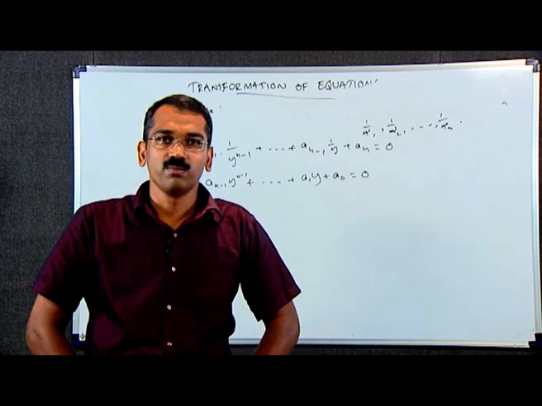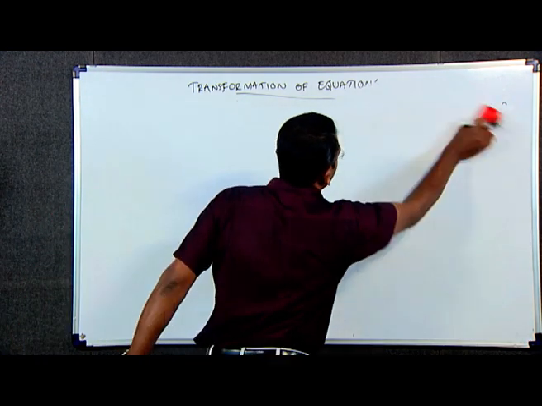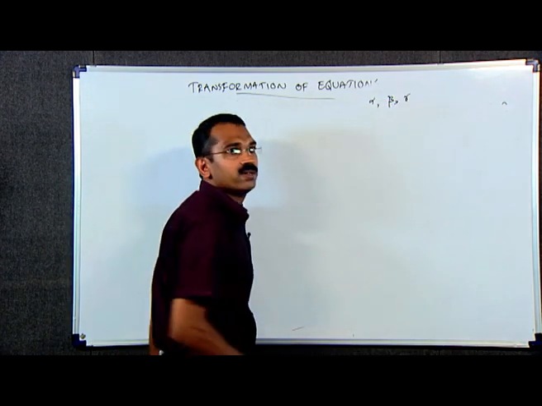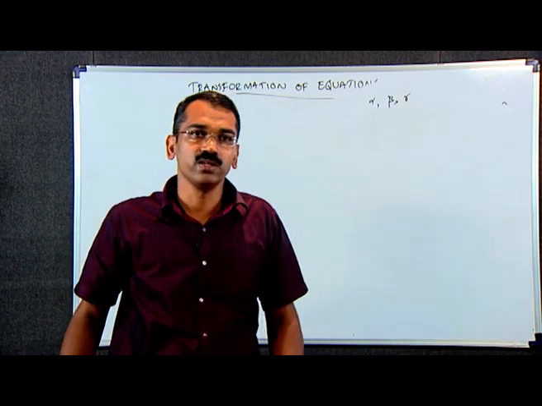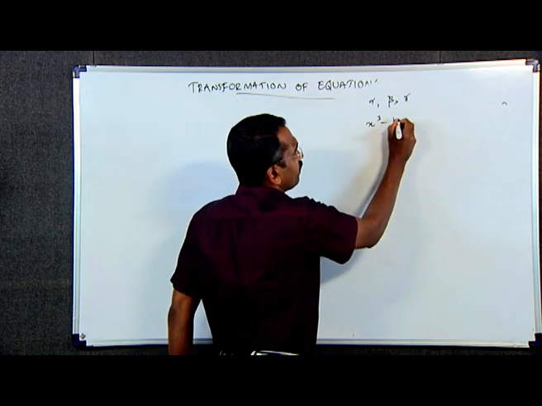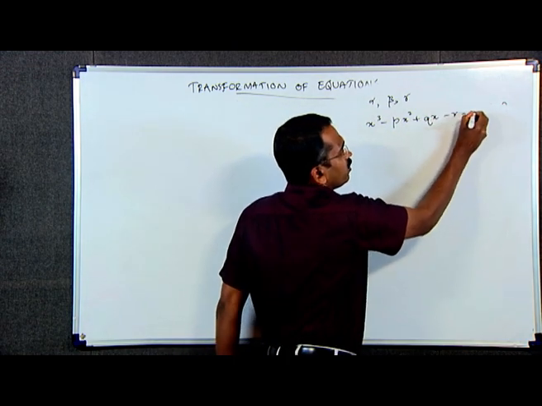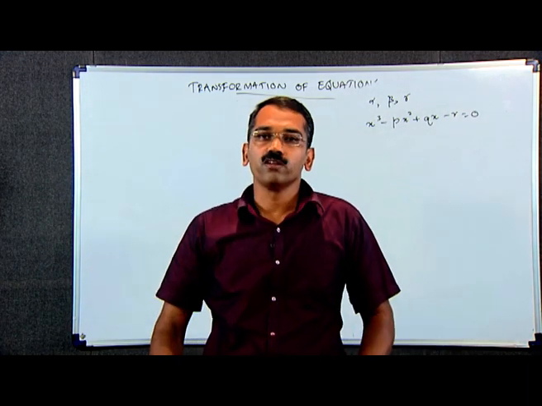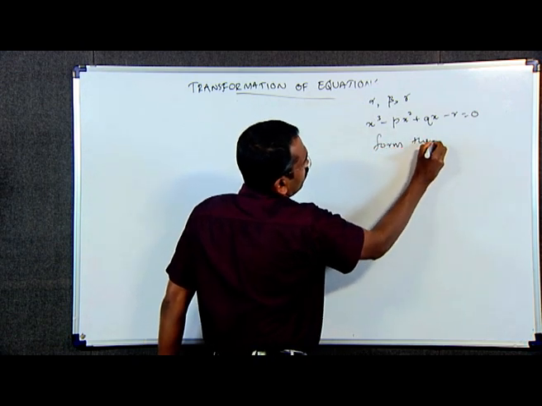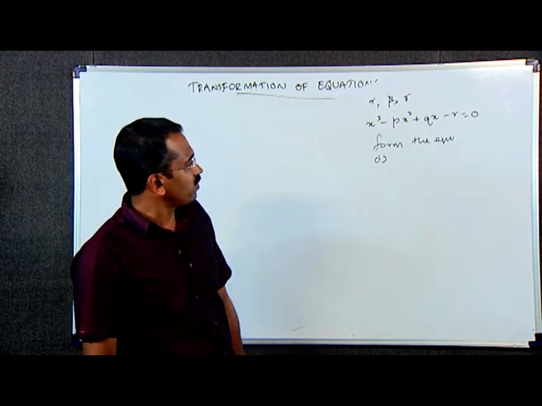Now, consider an example. If alpha, beta and gamma are the three roots of the cubic equation x cube minus p x square plus q x minus r equal to 0, then we have to form some equations.